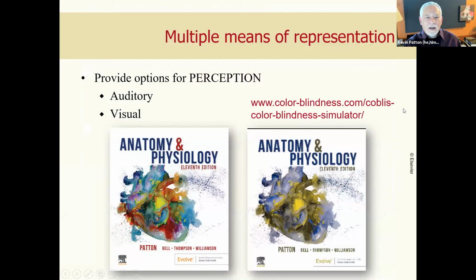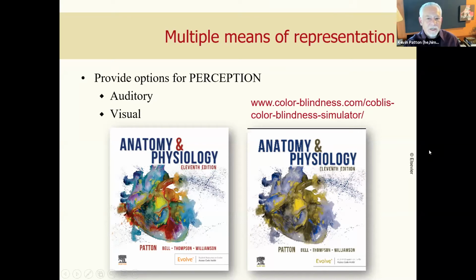So starting with that first point, that is to provide options for perception, we can think about auditory perception and visual perception experienced by our textbook users. Now that sounds straightforward, but there's a huge spectrum of variations of ability to access content in the auditory and visual domains.